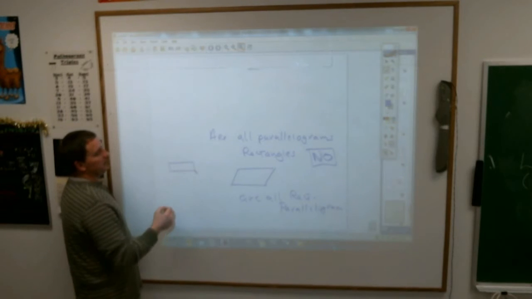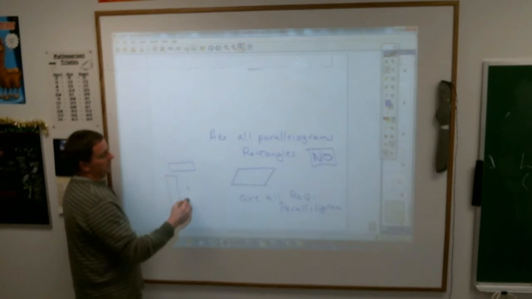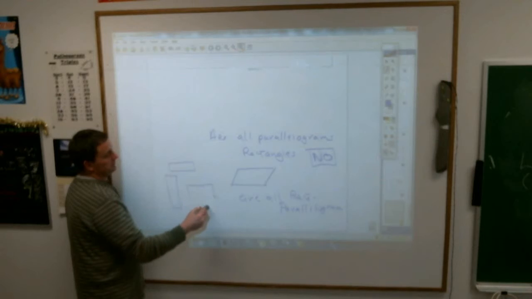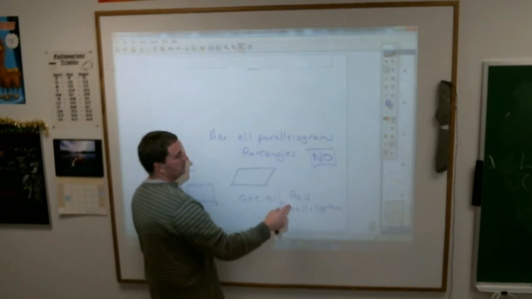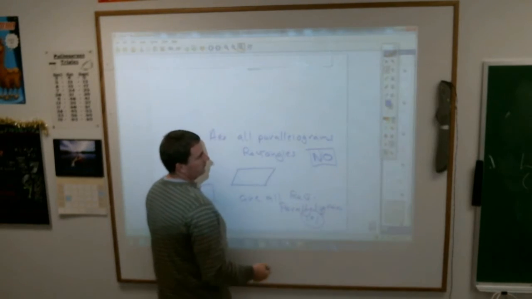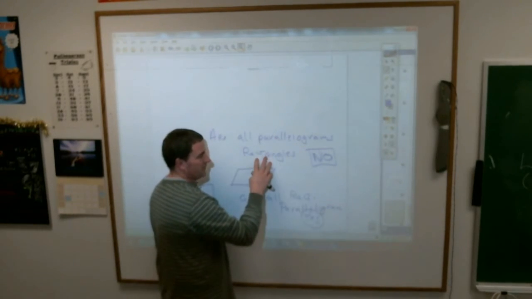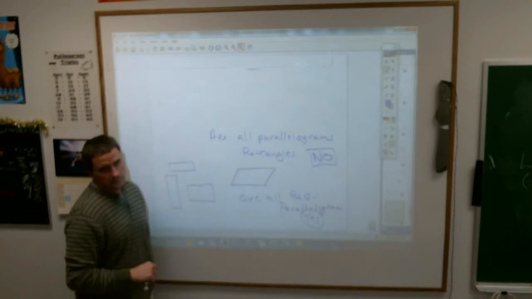Is that a parallelogram? Yes. Here's a rectangle. Is that a parallelogram? Yes. Here's a rectangle. Is that a parallelogram? All rectangles are parallelograms, yes. So you have to be careful because not all parallelograms are rectangles, but all rectangles are parallelograms.